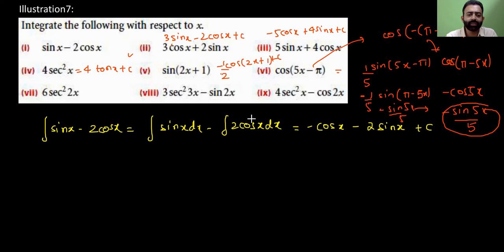Sixth part is 6 sec square 2x. Directly writing this as 6 over 2 tan 2x, tan 2x, sorry. 3 sec square 3x is 3 by 3, means 1, tan 3x. Minus sine 2x is minus of minus, means plus cos 2x over 2.